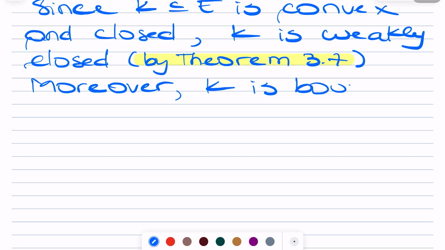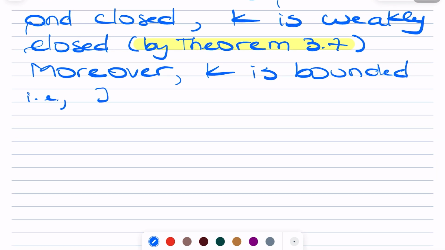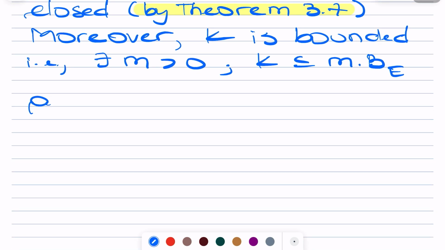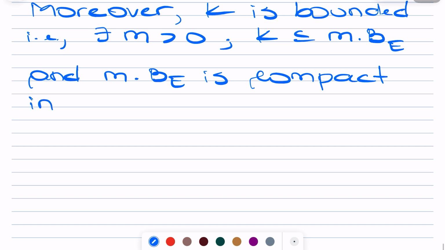So this means that there exists some m positive such that K is contained in m times the closed unit ball in E. And since E is reflexive, we know that m times the closed unit ball is compact in the weak topology sigma(E, E star).